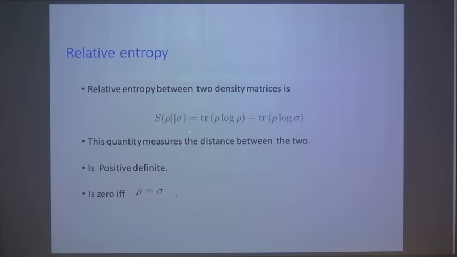This is the definition of the relative entropy. The relative entropy between two density matrices, rho and sigma, is given by this. Basically, this quantity measures the distance between these two matrices. This is a positive definite quantity, and it can be zero only when these two matrices are identical.